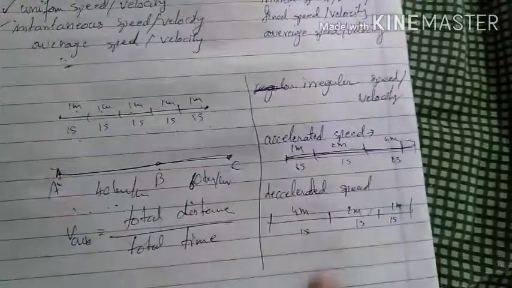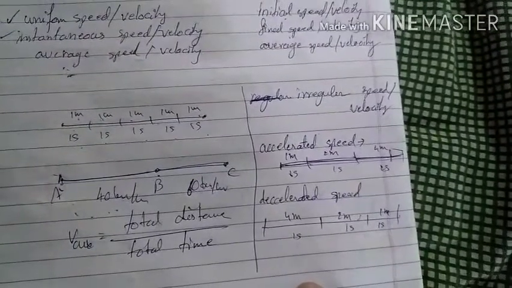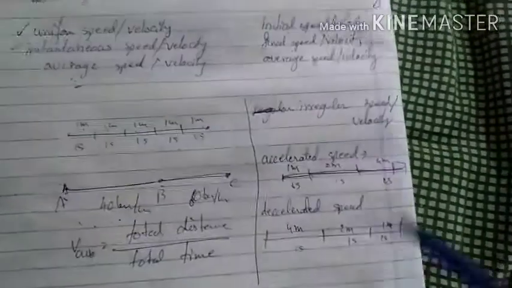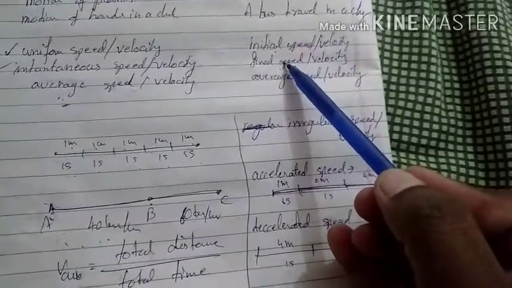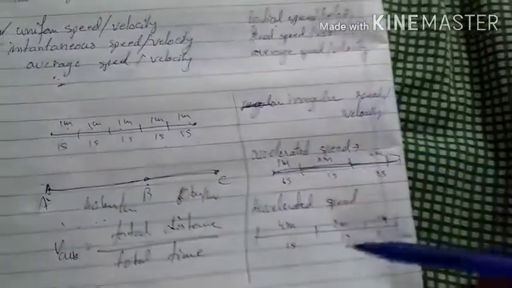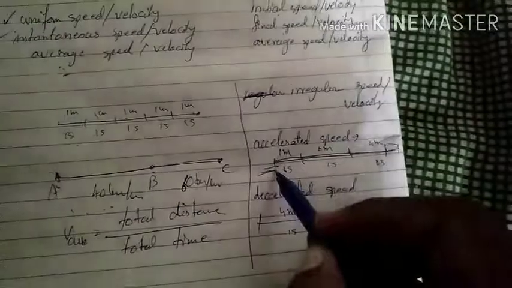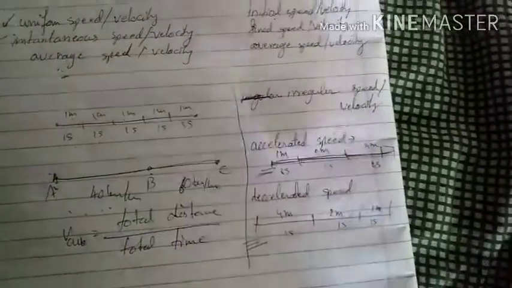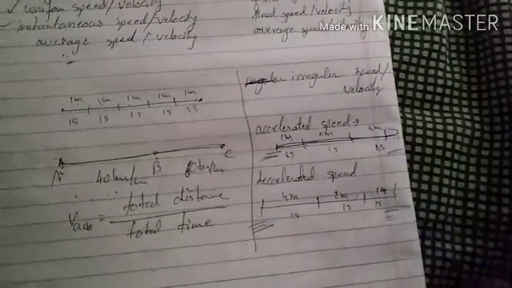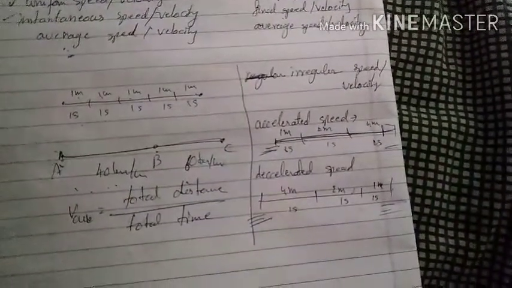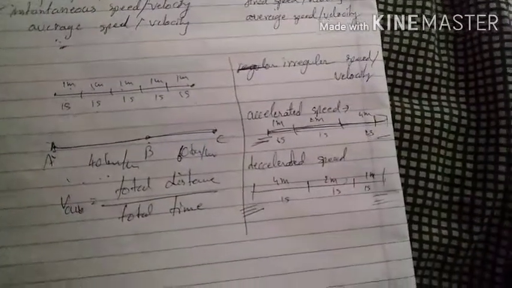In both these cases, we find two kinds of speeds or velocities, called initial speed or velocity and final speed or velocity. Initial speed is whatever speed the object maintains at the beginning of the motion. At the end of the motion, or at the peak position, the velocity it has is the final velocity.